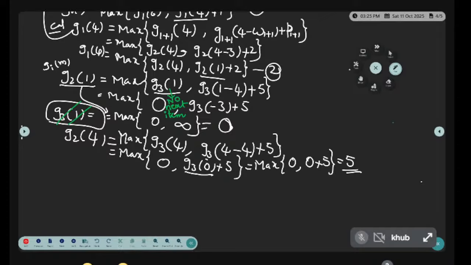Now substitute in equation 2 the G2 of 4 and G2 of 1 values.